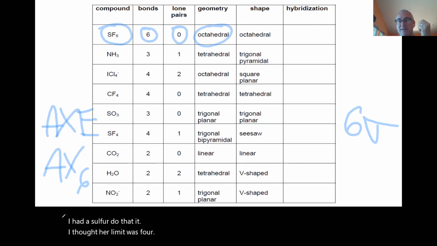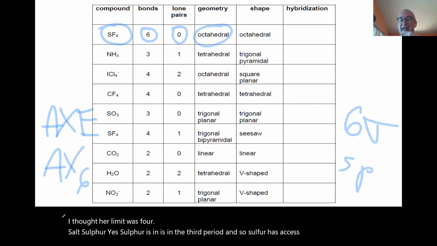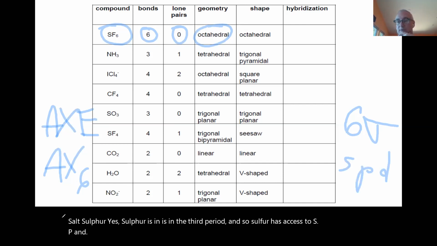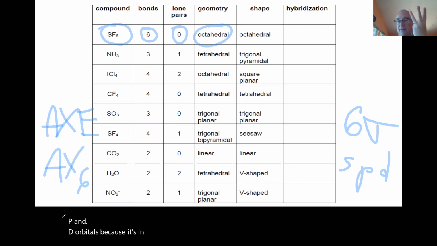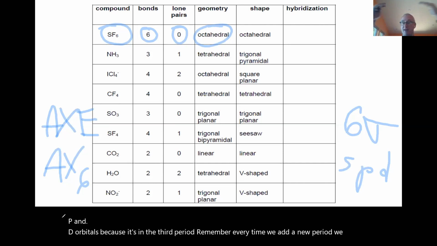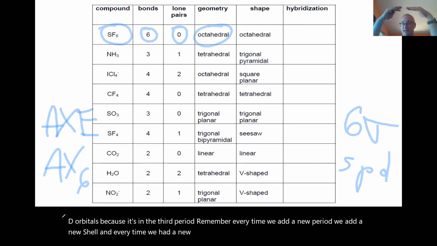Sulfur, yes, sulfur is in the 3rd period. And so sulfur has access to S, P, and D orbitals because it's in the 3rd period. Remember, every time we add a new period, we add a new shell. And every time we add a new shell, we add a new subshell.